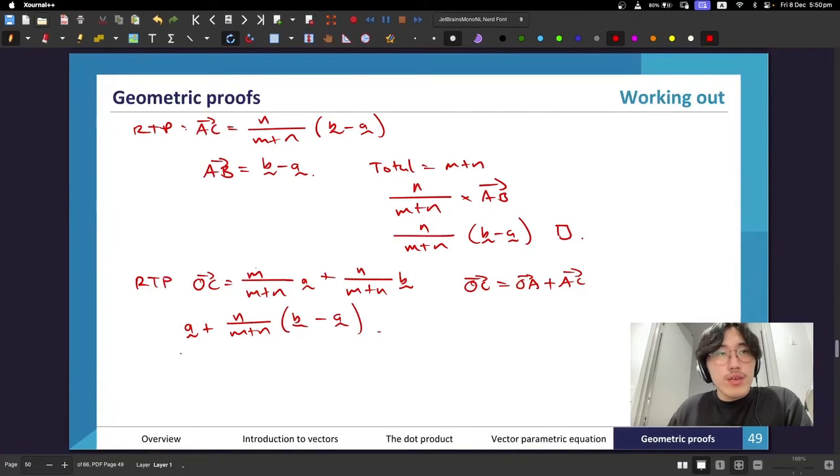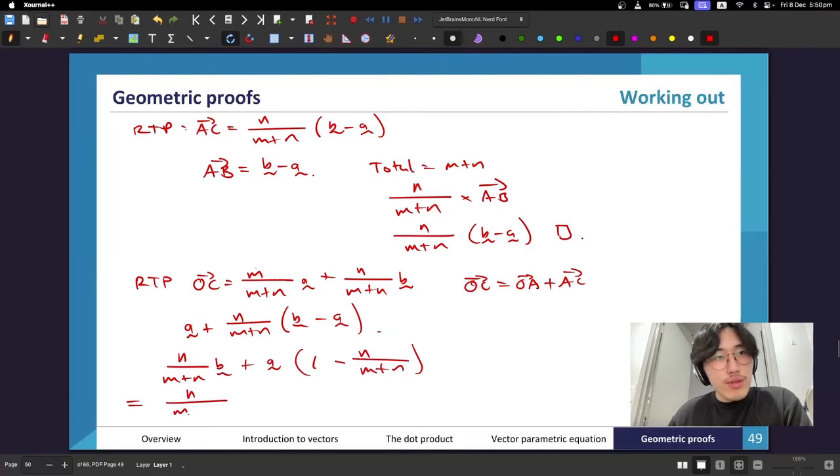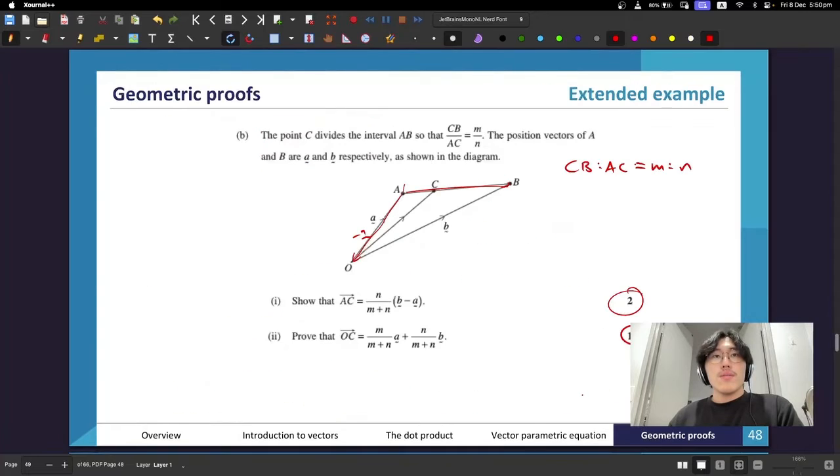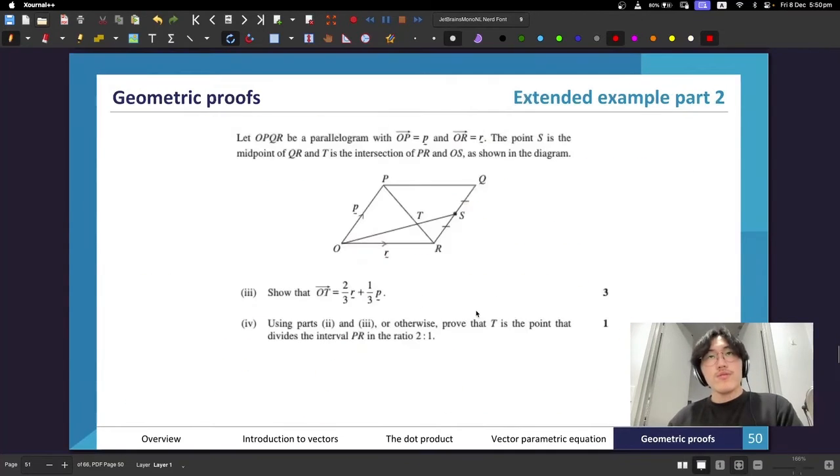That's going to be n on m plus n b plus a times (1 minus n on m plus n), which will be n on m plus n b plus a times (m plus n minus n) on m plus n, which equals n on m plus n b plus m on m plus n a. And there you go, that's our result.